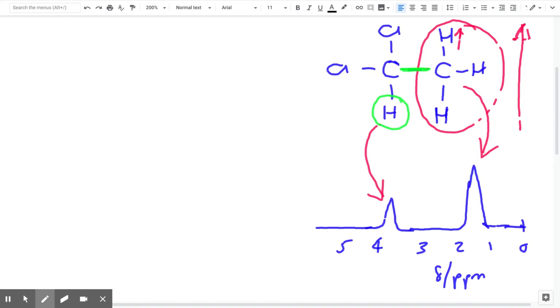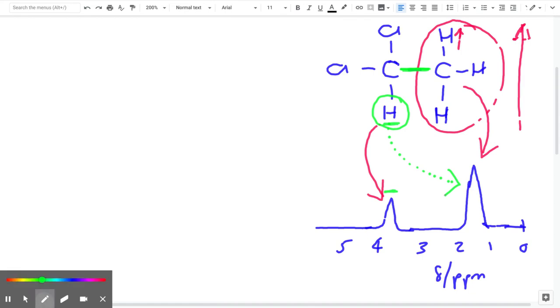That adjacent proton is also generating its own magnetic field. It's not being looked at directly because that hydrogen has its peak here, but its magnetic field is going to have an impact slightly on that peak, and it does so by affecting the shape of the peak.